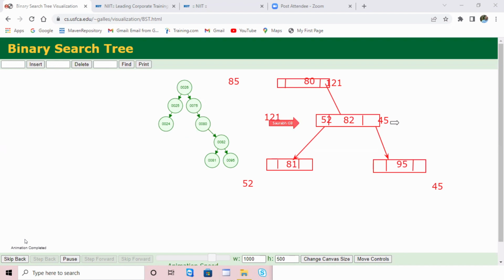So I want to delete a node which is having two set of children with them. These two values are null. This is null, this is null, these are leaf nodes. And this is my parent node which I need to delete. In its left hand side, the address of 52 is available. In its right hand side, the address of 45 is available. Now, what rules have you defined over here?